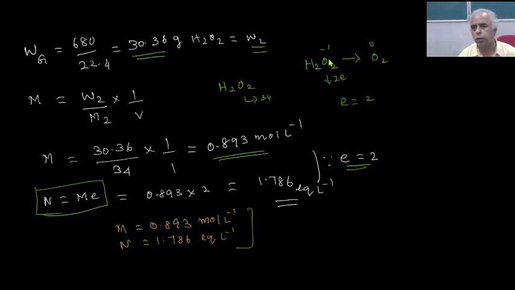In the case of water, it is -2, but in the case of H2O2 it is -1, but it involves 2 oxygens, so we have to multiply by 2. So it is a 2 electron transfer. That is, this oxygen gives out electrons, undergoing oxidation, so that you are able to get 0. Do you understand? And that is why E is equal to 2, the valency factor. That valency factor has been brought here, so we are just multiplying by 2.